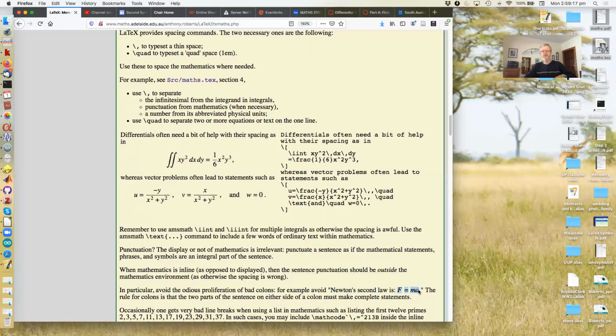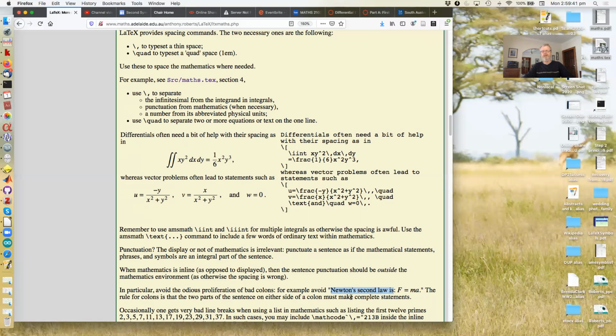But "Newton's second law is" is not a complete sentence. So that cannot be on the one side of a colon. So you've got to make sure that that part is also a complete sentence.